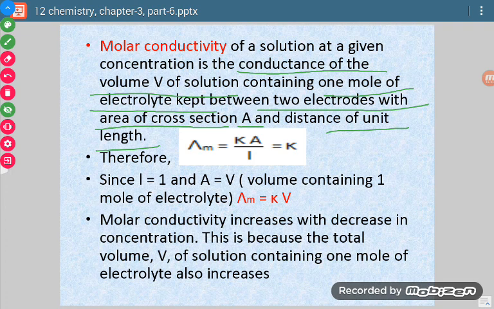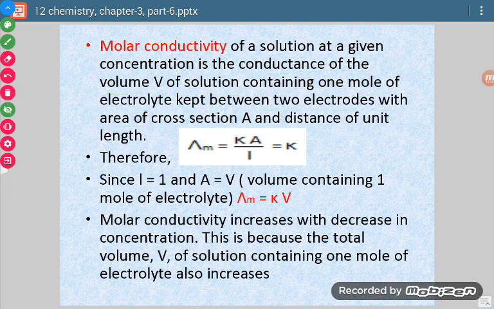Means the distance between the two electrodes is unity and the area of cross section A is unity, then molar conductance will be equal to kappa.